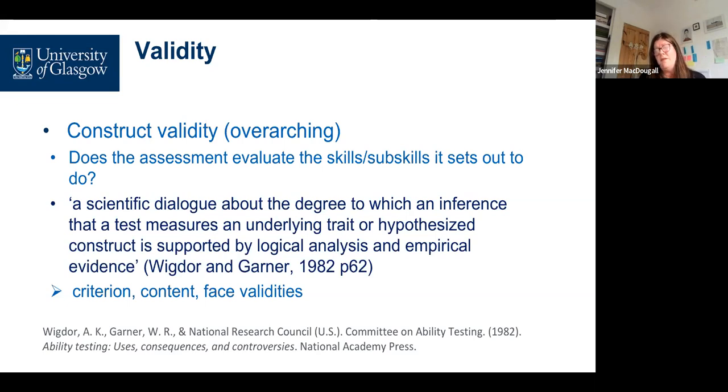The problem we've seen with assessment in the past, which we've been grappling with and have improved hugely over the years, is that often what was purportedly being assessed was not being assessed. It was something completely different.